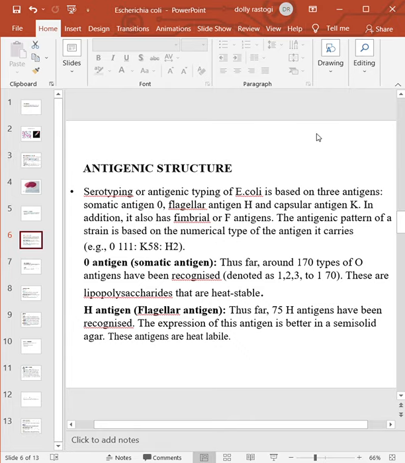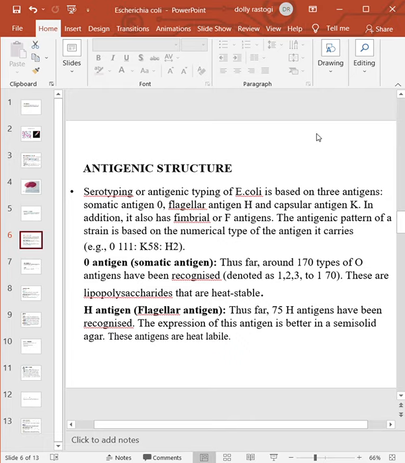The O antigen, which is the somatic antigen, has been recognized and denoted as 1, 2, 3 up to 170. These are lipopolysaccharides in nature that are heat stable.